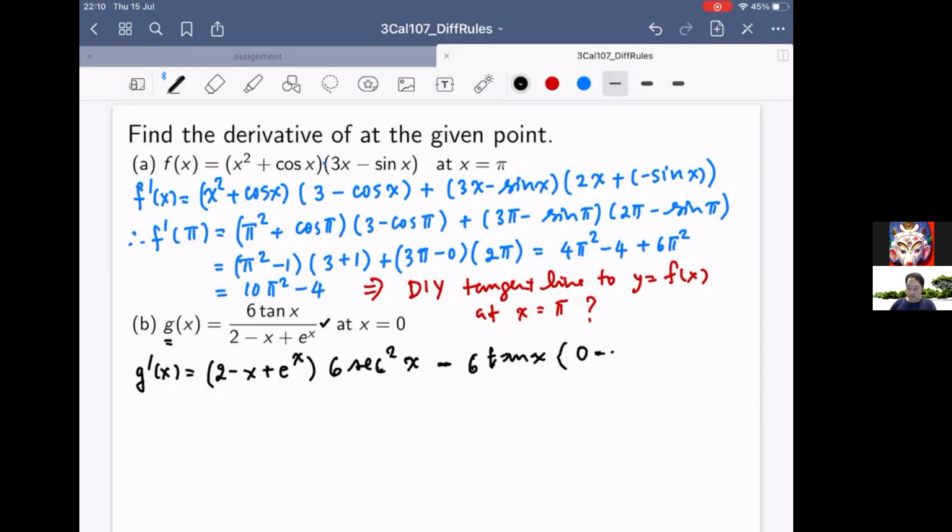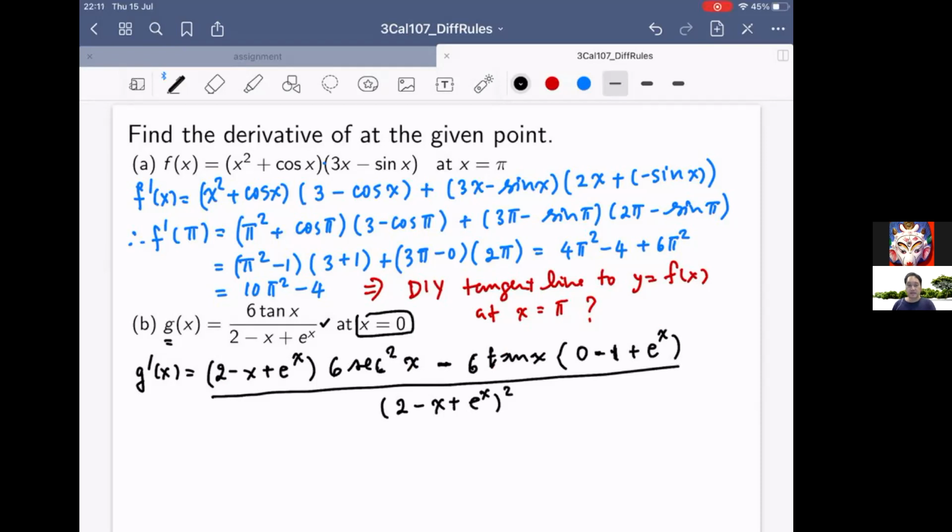Derivative of x is 1. And then a derivative of the exponential is just the exponential itself, over, don't forget, the bottom square. Okay, and because you need to evaluate as a number, you don't really need to simplify anything, just evaluate first. So it means that g prime at 0 will be 2 and then 0, right?